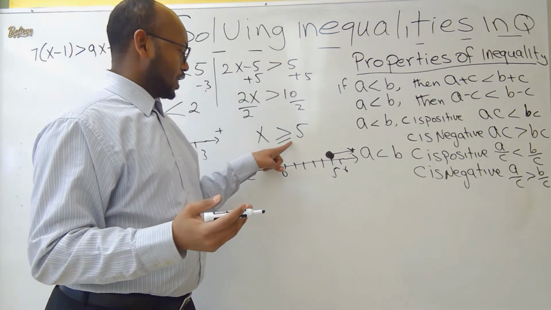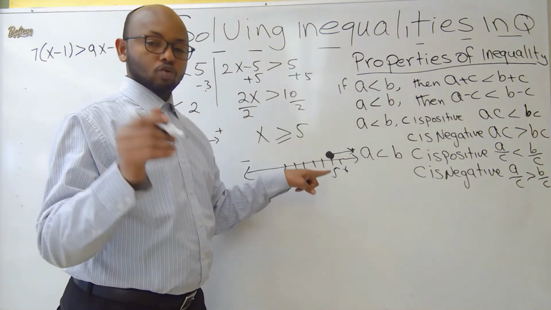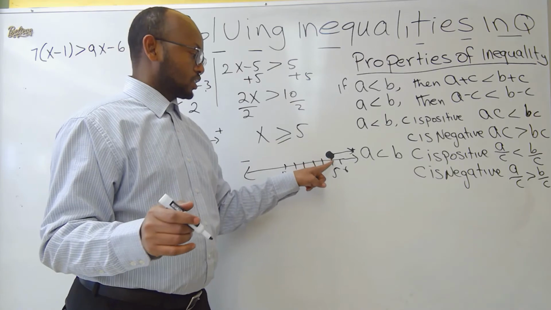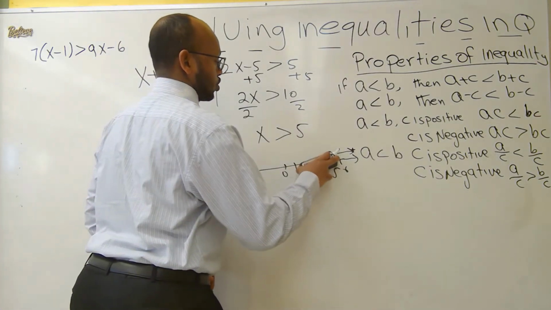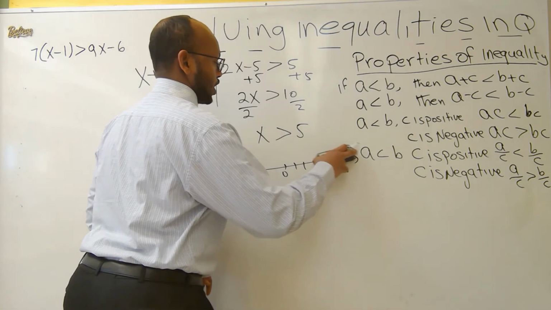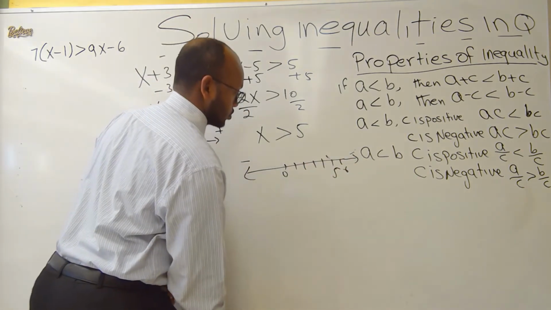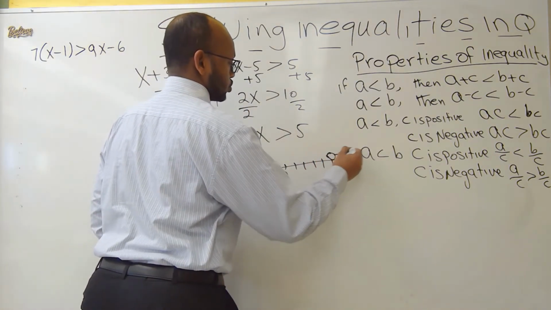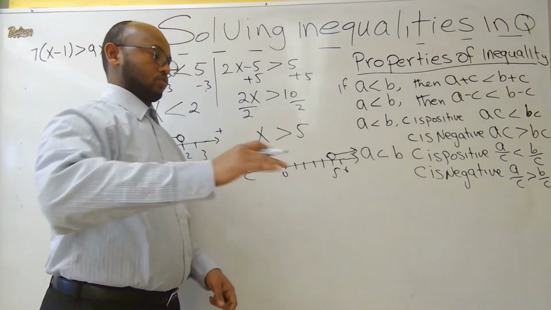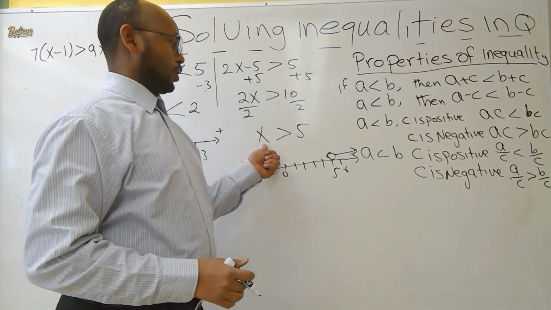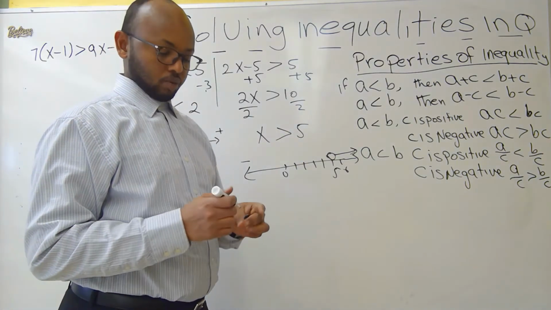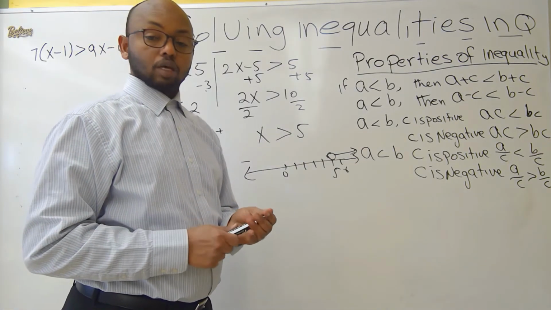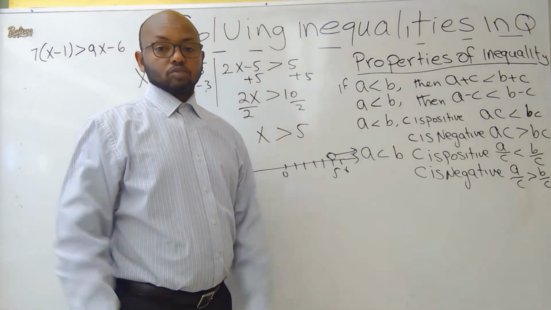If it is a solid dot, it means 5 is included in the answer. So we would start there, but now we don't have it, so we don't make it solid, because 5 is not included in the answer. So it will be open and go into the positive. My variable is a number greater than 5. It can be 6, it can be 10, it can be 1000, it can be any number.